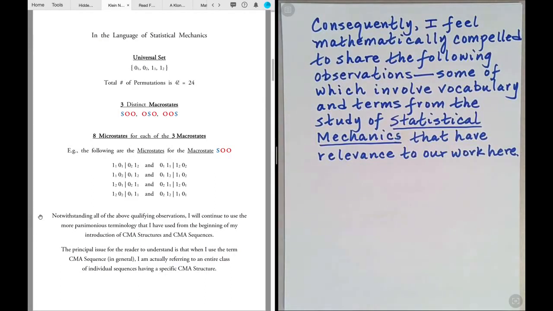The principal issue for the reader to understand is that when I use the term CMA sequence in general, I am actually referring to an entire class of individual sequences having a specific CMA structure.